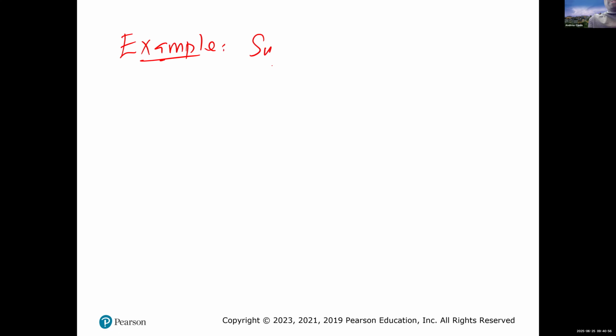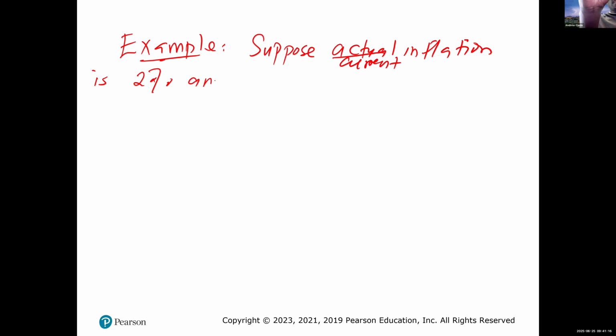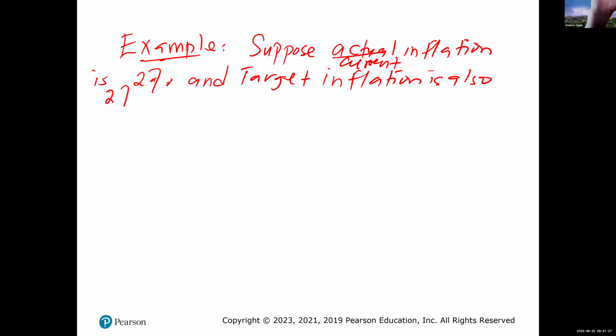Suppose actual inflation is, or the word actual means current inflation, because actual means that we know it, is let's say 2%. And target inflation is always 2%. That's a target we believe is also 2%.